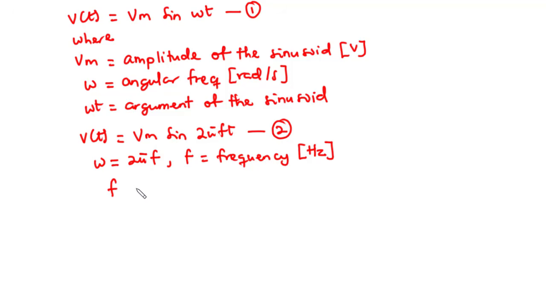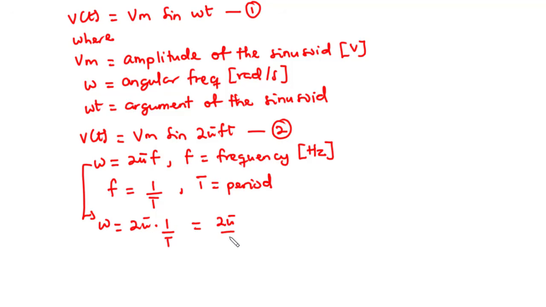Now frequency is the reciprocal of the period of the signal, so that is 1 over T, where T is called the period of the signal. In that case, we can have omega equals 2 pi times 1 over T, and that is equal to 2 pi over T.